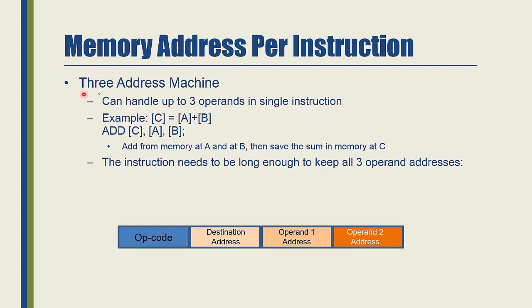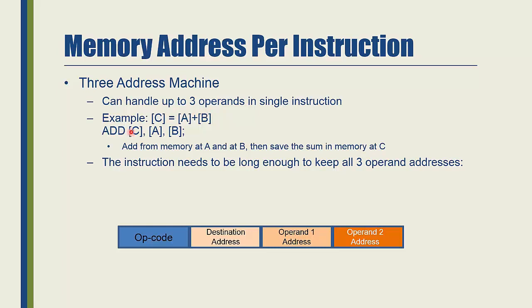We can have 3. This is for a large machine code or large opcode where we can handle up to 3 operands in one instruction. Example, let's say in a higher programming language, we want to do addition of variables A and B and keep it in C. This is 1, 2, 3 operands, 3 memory addresses.